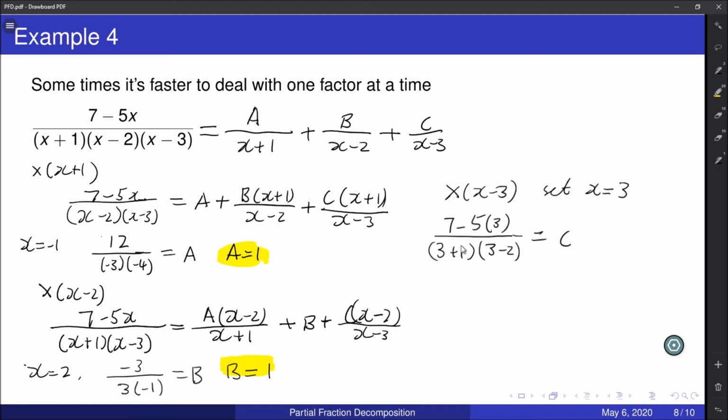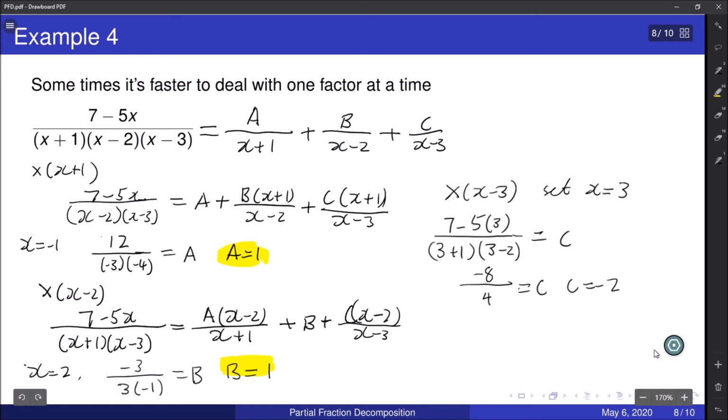I skipped a few steps by combining them into one. So in this case, 7 minus 15 is -8 over 4, which is -2. So c equals -2.